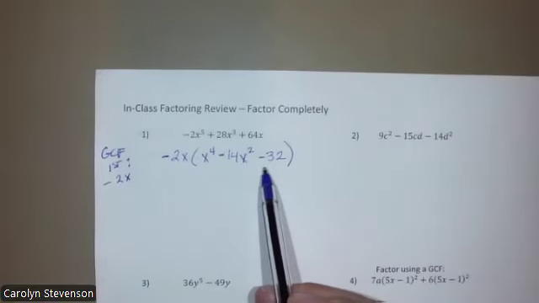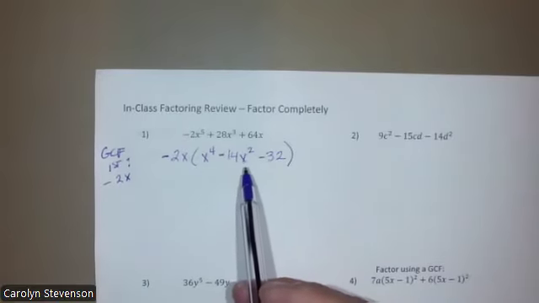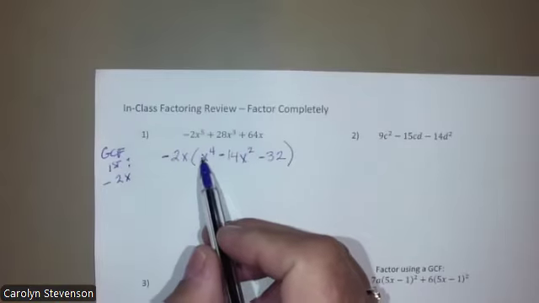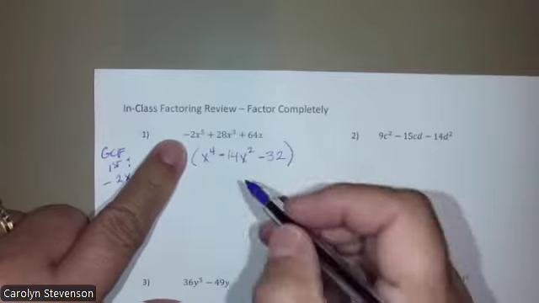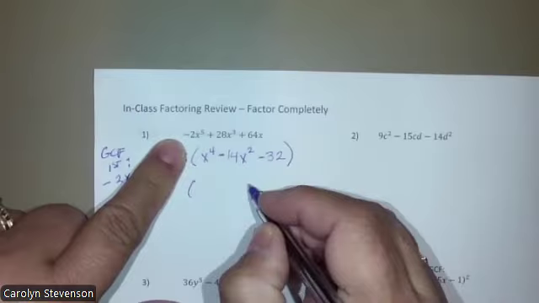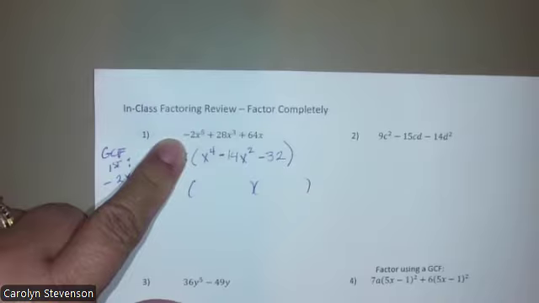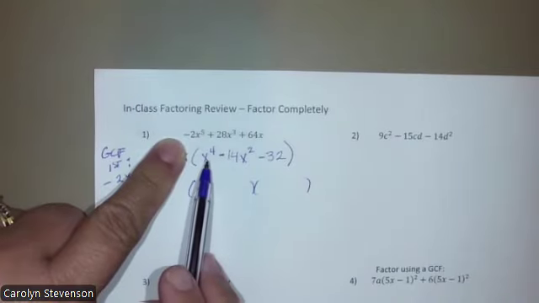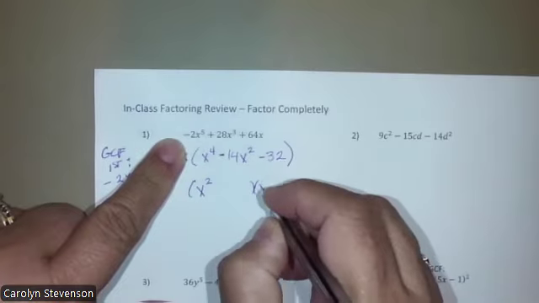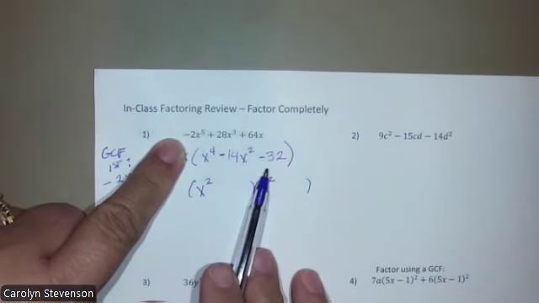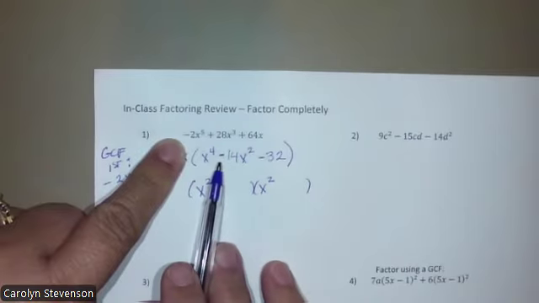In here, we have a trinomial, and it's considered an easy trinomial because you don't have a number in here. So we're just going to let this GCF hang out. This factors with x to the fourth. We break it up as x squared times x squared. And then what multiplies to 32 but gives us 14?